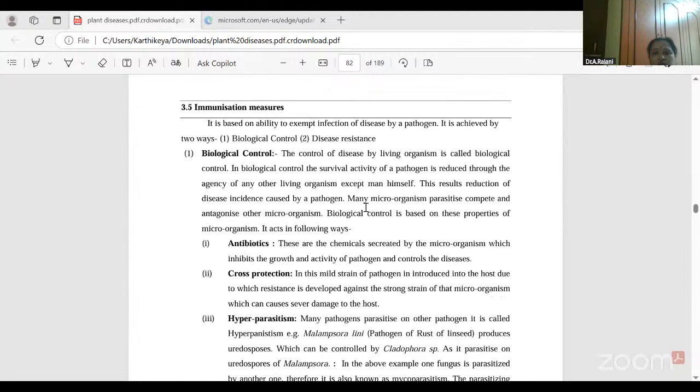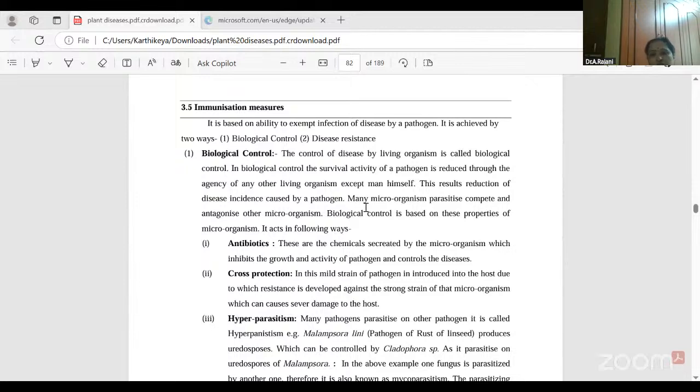Immunization measures are based on the ability to exempt a plant from infection by a pathogen. It is achieved in two ways: one is biological control, the second is disease resistance. The control of disease by living organisms is called biological control.